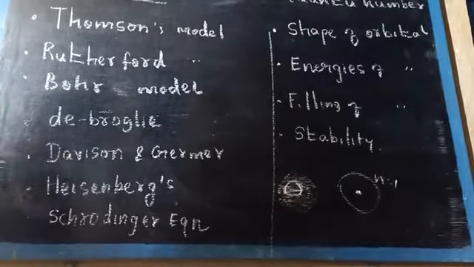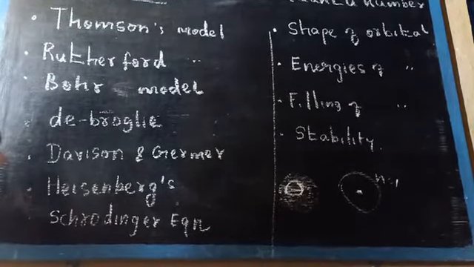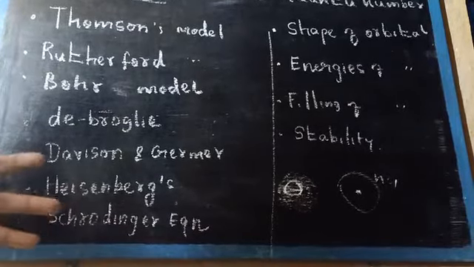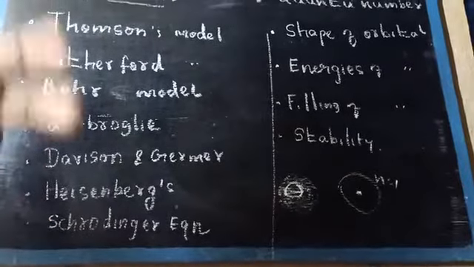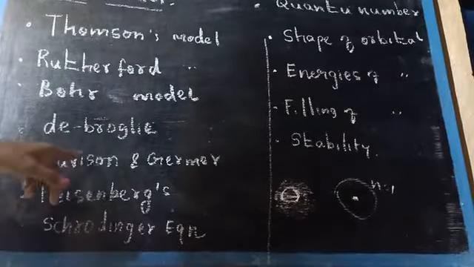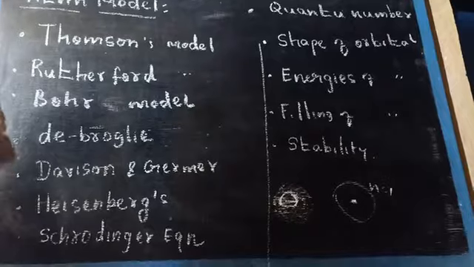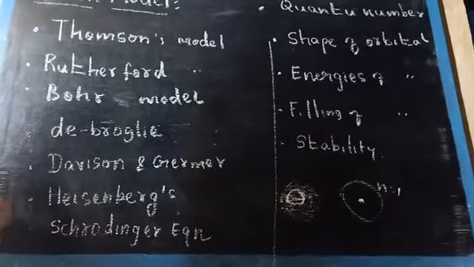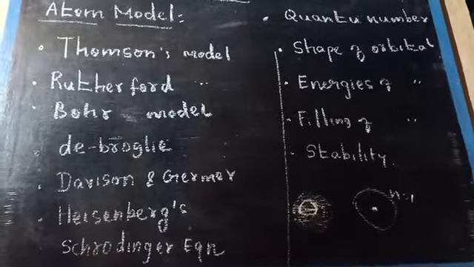Next, the Davisson and Germer experiment talks about the electron having wave nature. The electron has both characters, particle as well as wave, and Davisson and Germer experimentally proved that the electron has wave nature. Next, the Heisenberg uncertainty principle.